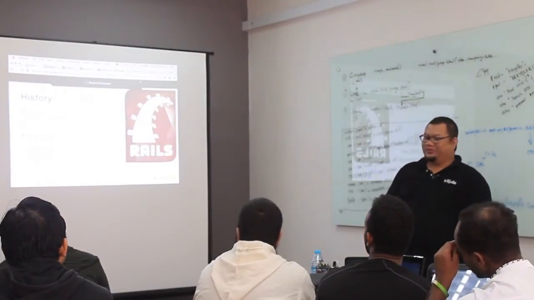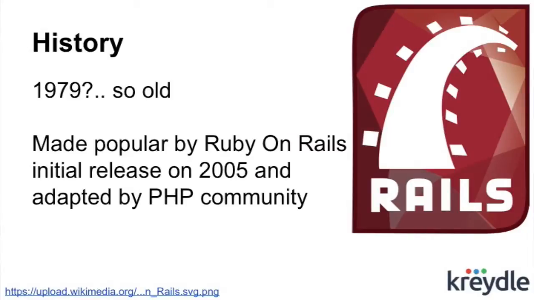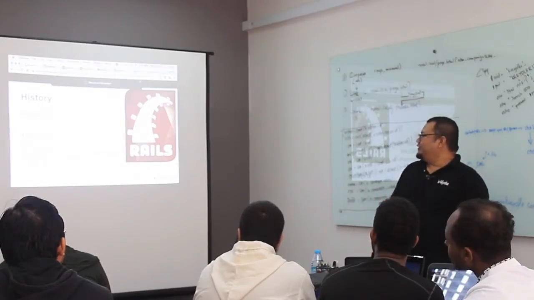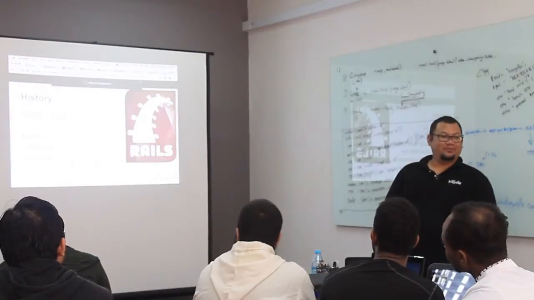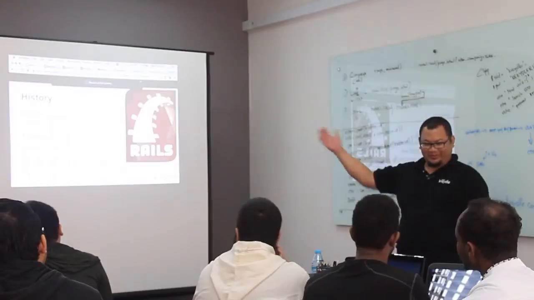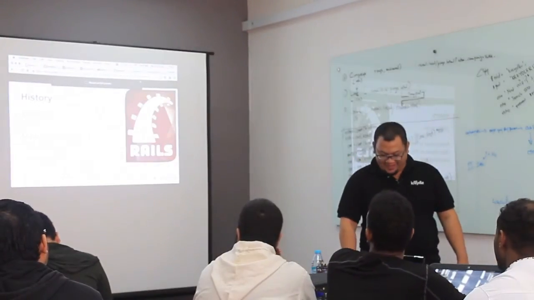Okay, why is it so popular now? Because of Ruby on Rails. Ruby on Rails implemented MVC in their framework in 2005, and it was adapted by the PHP community. So we should thank Ruby on Rails for bringing MVC back to us.